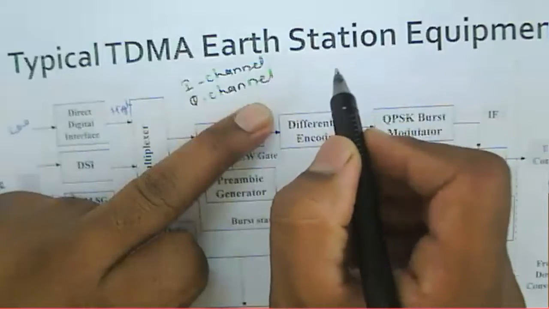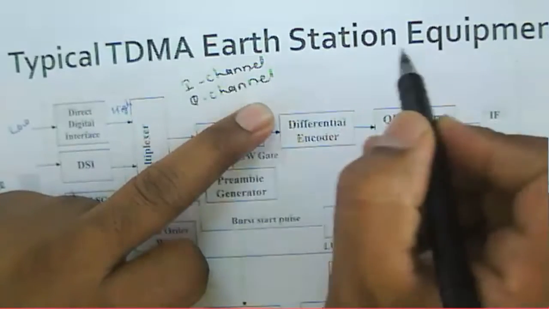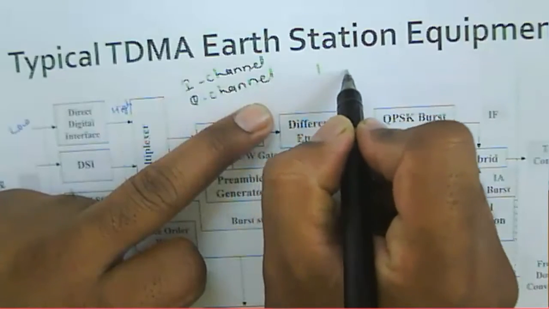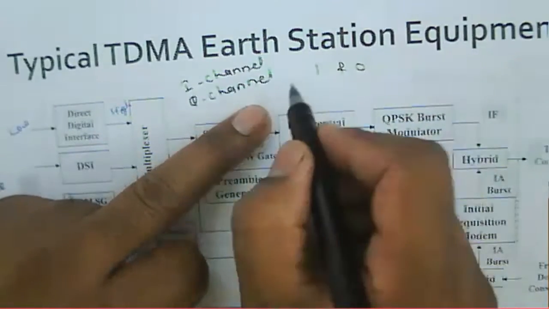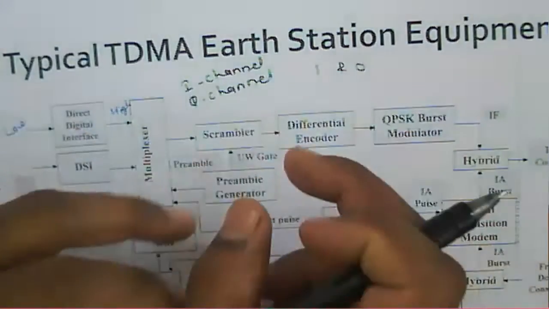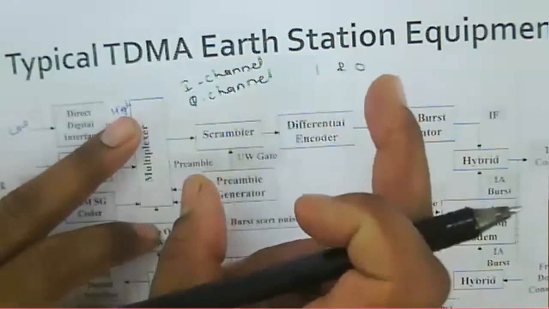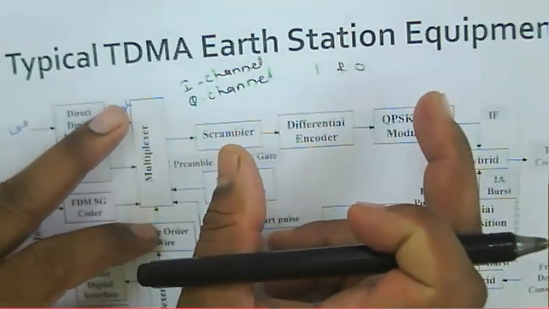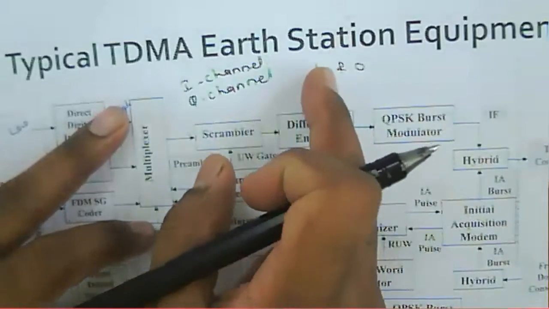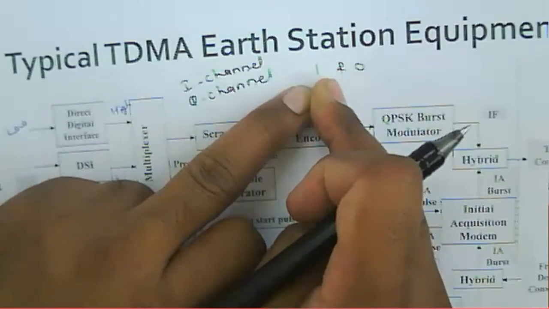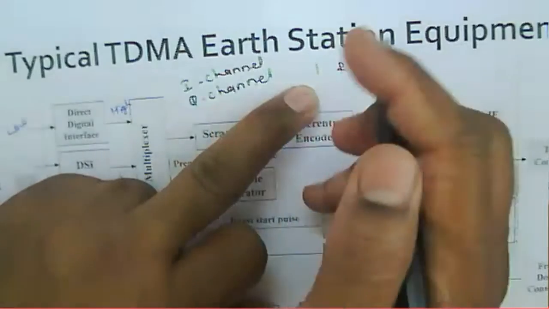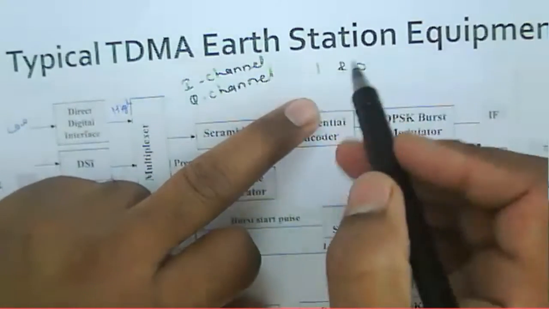A string of data is nothing but a consecutive pattern of ones and zeros. But those patterns are not enough to recover the clock at the receiver circuit.